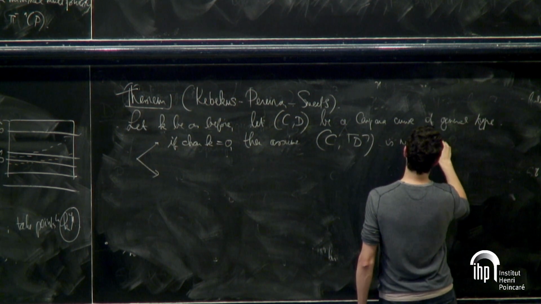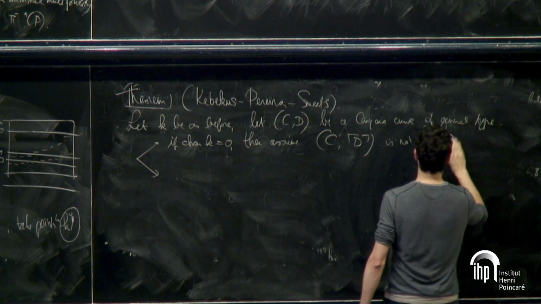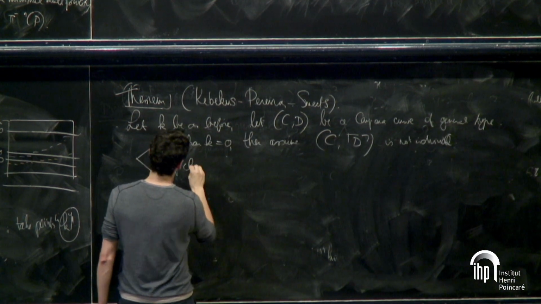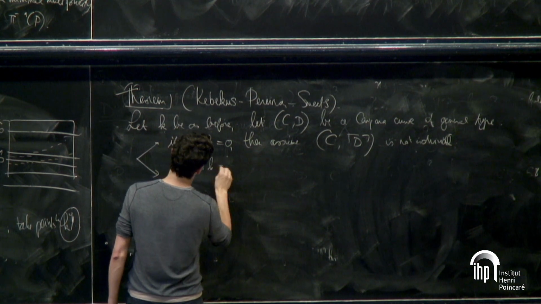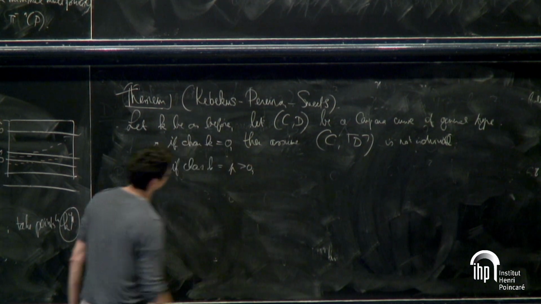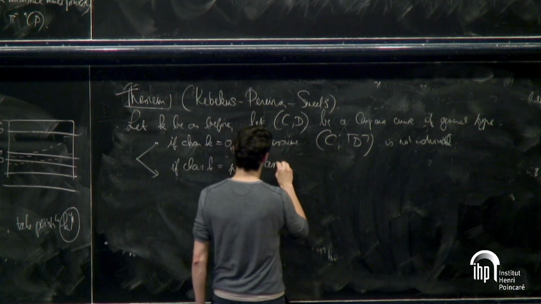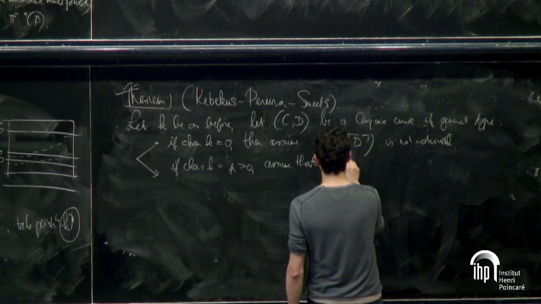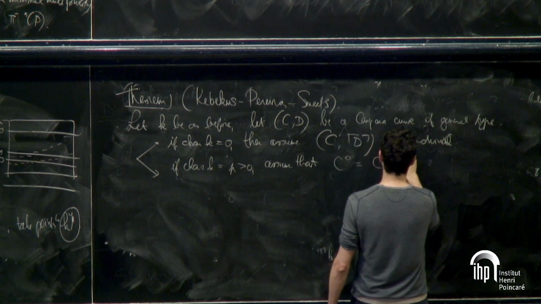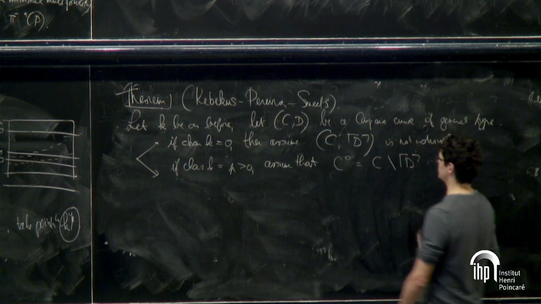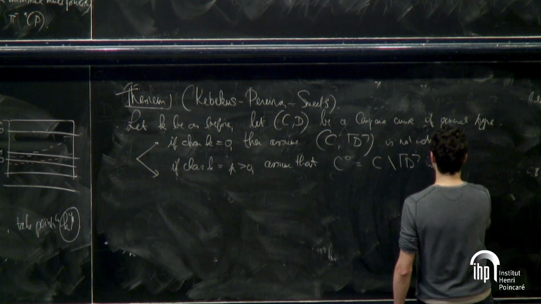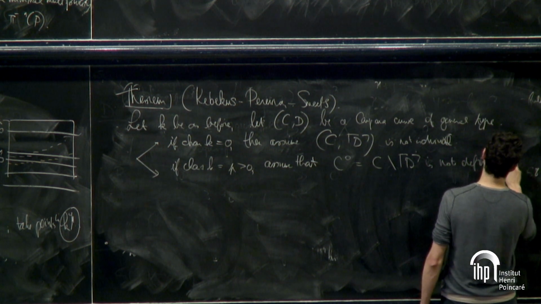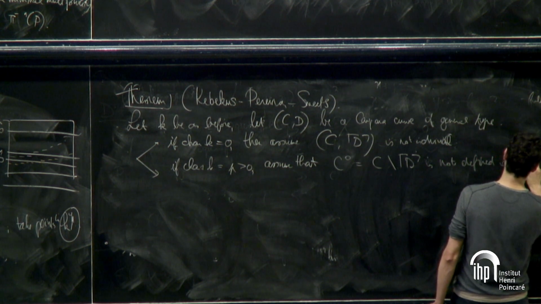In characteristic 0, this is good enough. If the characteristic of K is positive, then assume that the affine curve C0, the complement of the support of the boundary, is not defined over the smaller field K to the p.